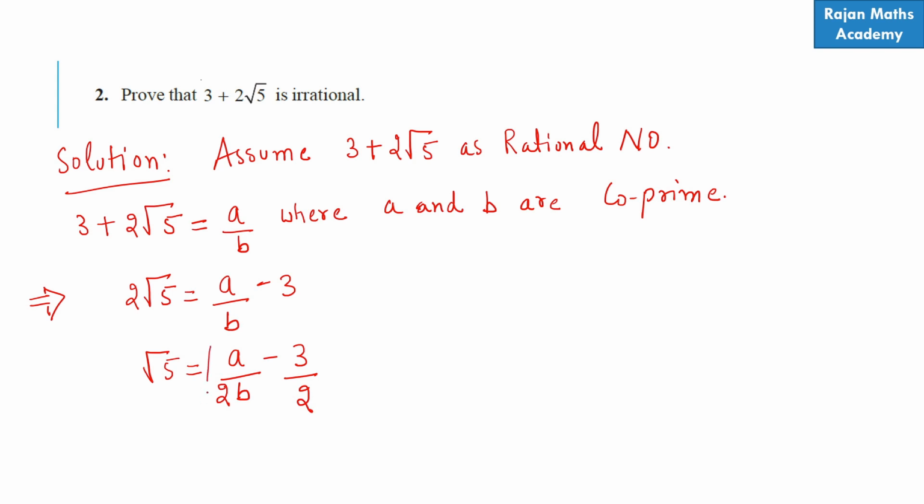So see RHS. This a by 2b is a rational number because a is an integer, b is an integer. 3 by 2 is also a rational number. So this complete RHS is a rational number.